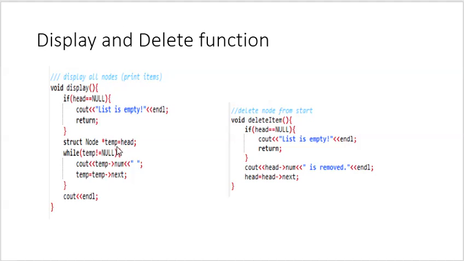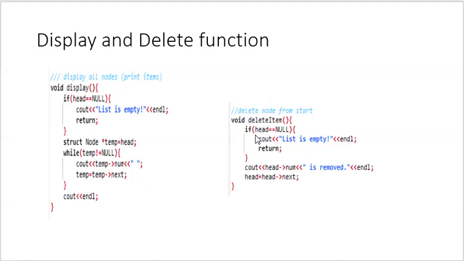Then the temp pointer will be pointing to head, and it will display the data of all the nodes until temp is equal to null. Because we assign temp to the head, and we know that if head is equal to null, the list will be empty. This loop will run until temp is null, so it will display all the created nodes for us.